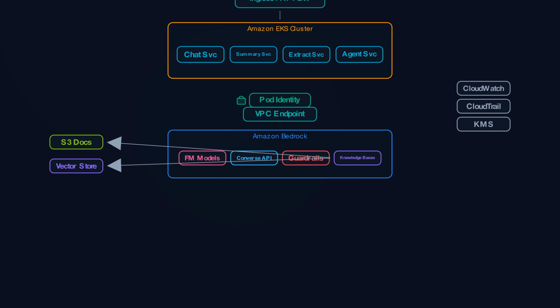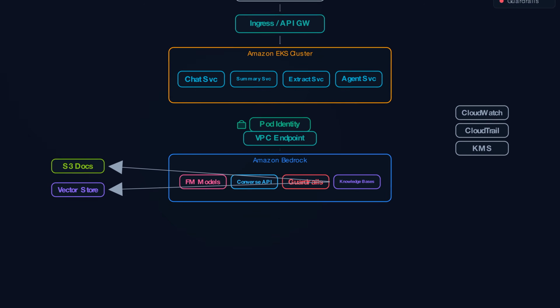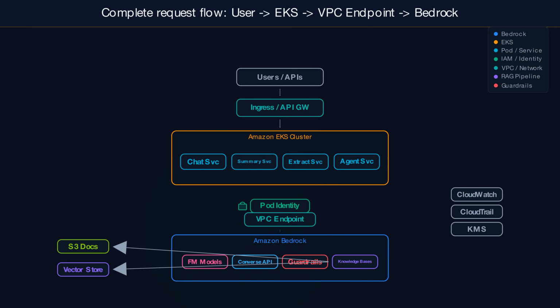On the Bedrock side, you have the foundation models, the Converse API for multi-turn chat, InvokeModel for single-shot inference, embeddings models, and guardrails for content safety. Optionally, you connect Bedrock knowledge bases for RAG. These pull from S3 documents and vector stores to ground your answers in real data. And wrapping everything: CloudWatch for metrics, CloudTrail for audit logs, and KMS for encryption at rest.